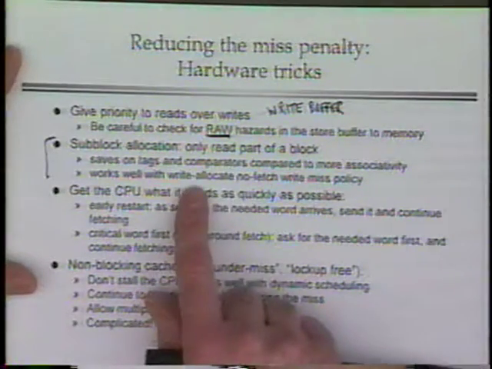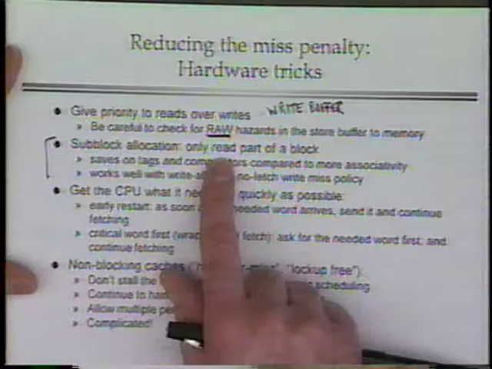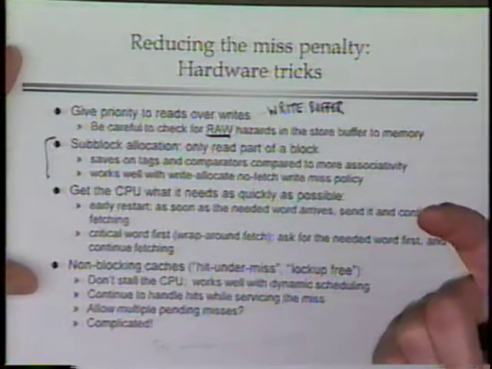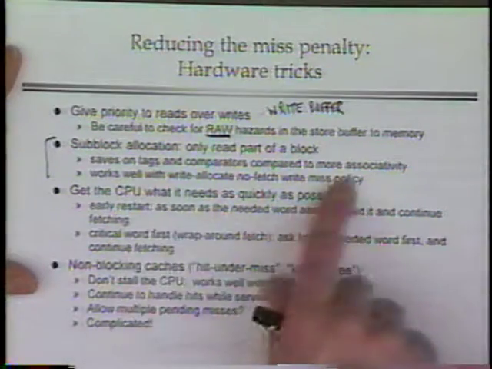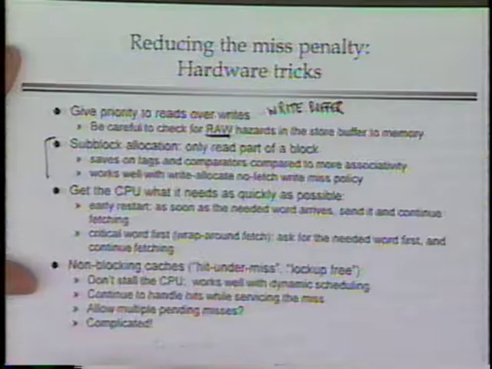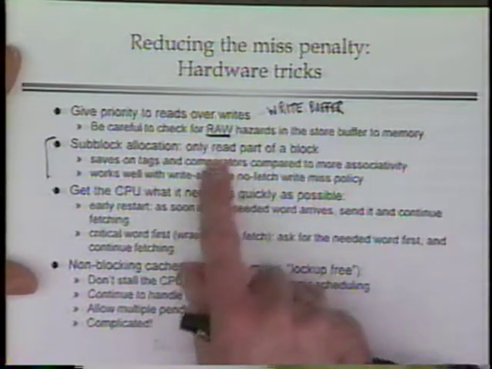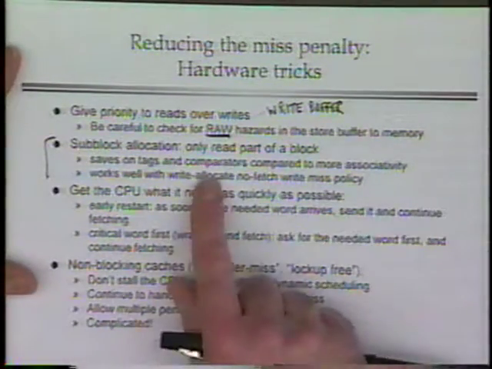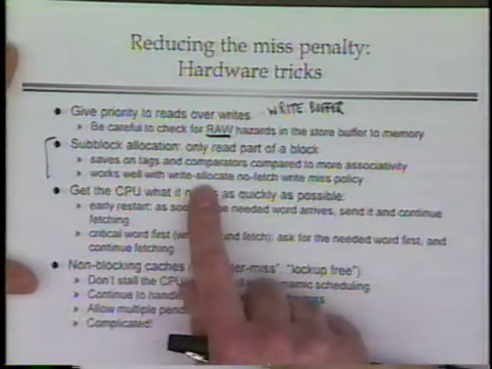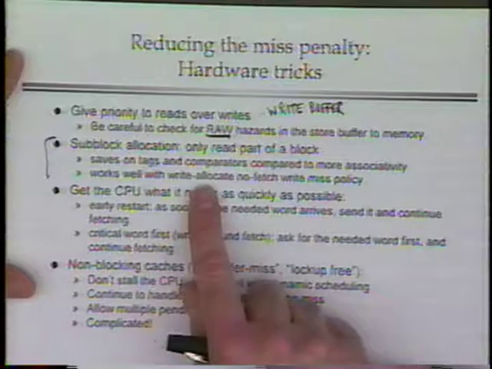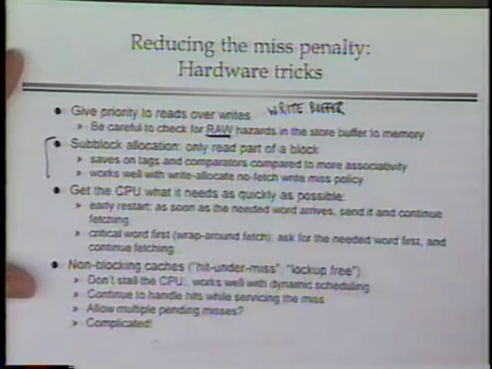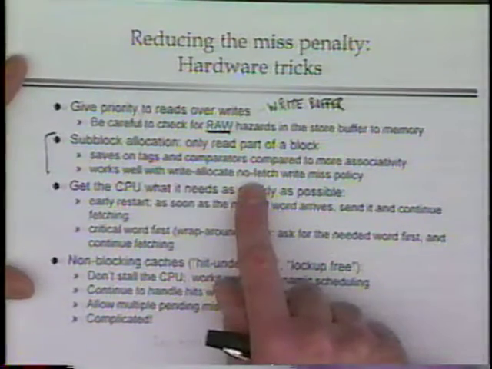If you choose this strategy, you could decide when a read misses only to read the part of the line, maybe the one word that the CPU wanted, set its valid bit, and leave all of the other bits set invalid. And thereby free up the path between cache and main memory to perhaps handle subsequent misses. Might be a win, might be a loss, depending on whether you've lost the opportunity to prefetch the next word, which is going to be the next thing you miss on.